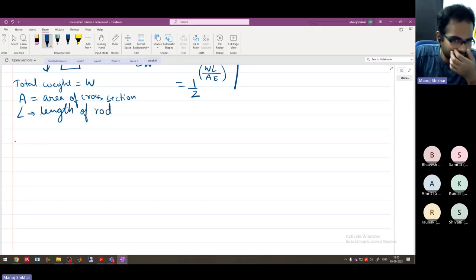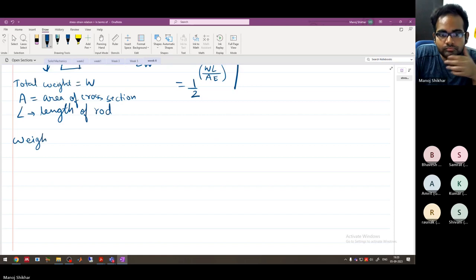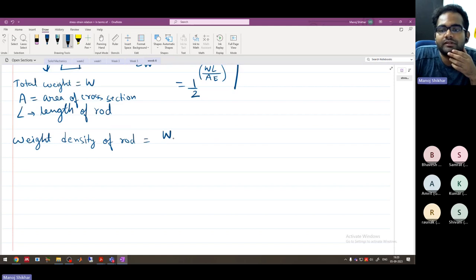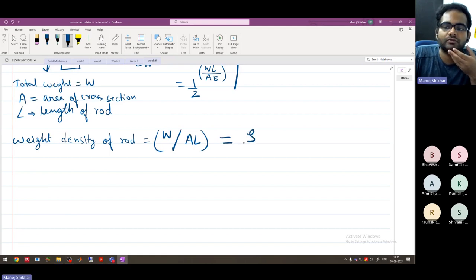So what is the weight density? This will be the total weight of the rod divided by the volume. What is the volume? A into L. So I will denote it by rho.